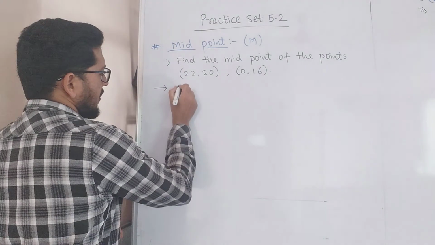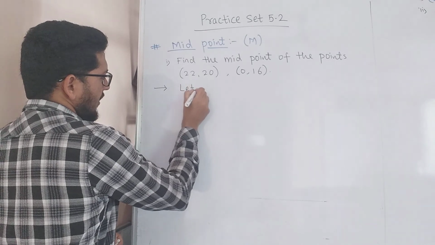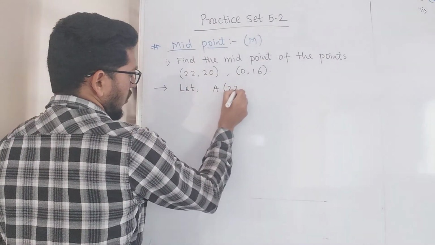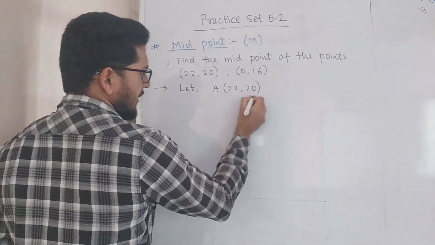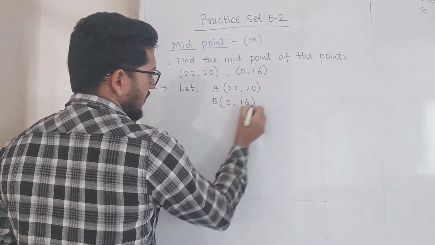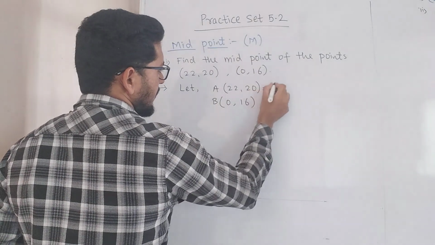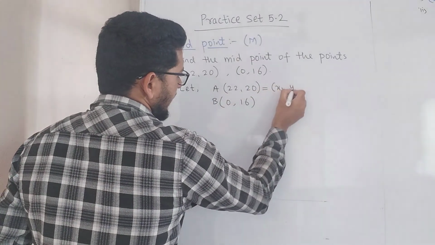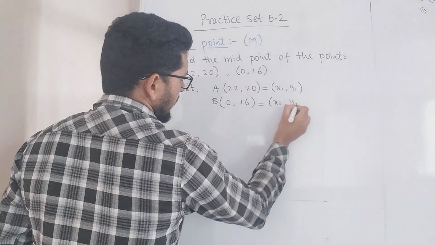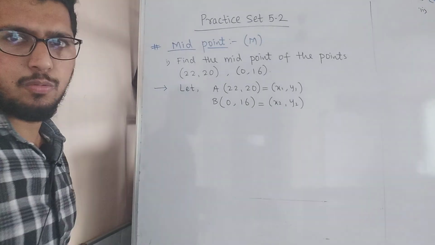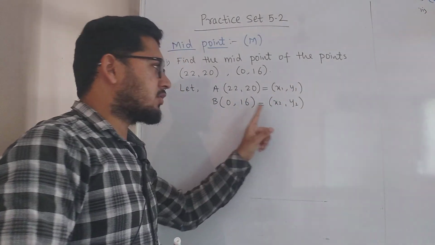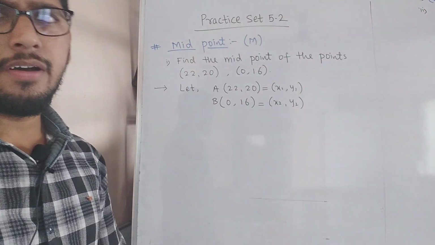Suppose first of all we have to consider let capital A be 22 comma 20. फर्स्ट पॉइंट को कैपिटल ए सपोज करेंगे and capital B will be denoted by 0 comma 16. So capital A is 22 comma 20 and will be denoted by x1 comma y1, and 0 comma 16 will be denoted by x2 comma y2. These two coordinates we have to suppose. फर्स्ट कोऑर्डिनेट को हम सपोज करेंगे x1 comma y1, सेकेंड कोऑर्डिनेट को सपोज करेंगे x2 comma y2.